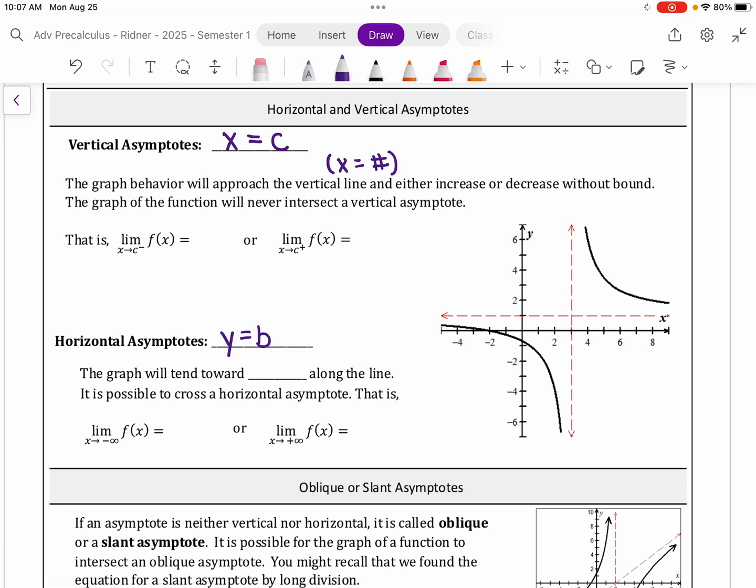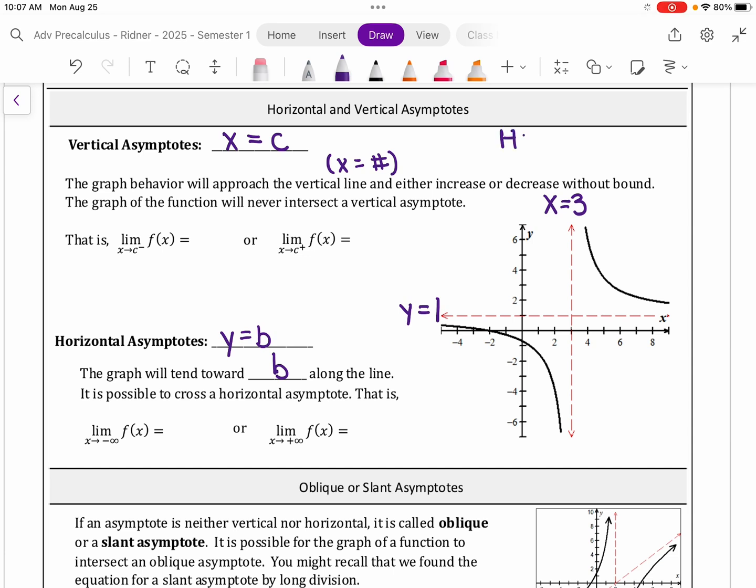Again, I am not super focused on the limits just yet, but the graph will tend to go towards b along the line. So if I look at this example, the vertical asymptote is at x equals 3. That's the important piece here. And the horizontal asymptote is at y equals 1.